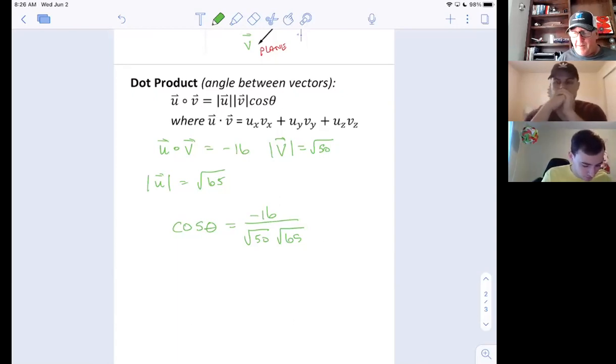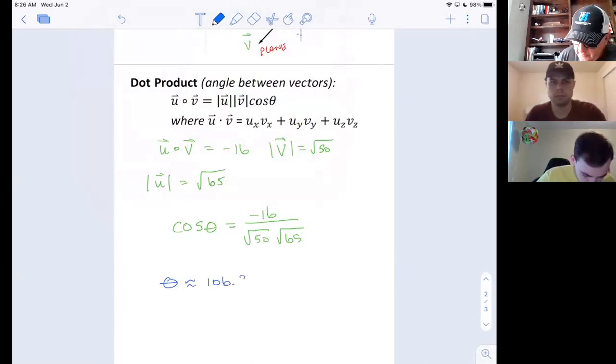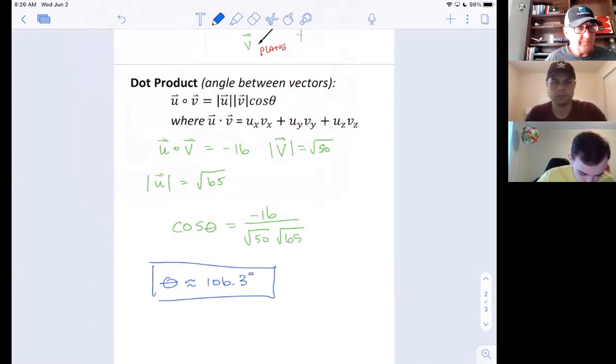And I got, happily, that theta is indeed, as the picture would have indicated, more than 90. I got 106.3 degrees. So that doesn't prove I didn't make a math mistake, but at least I got what the picture would have indicated, something a little bit bigger than that.